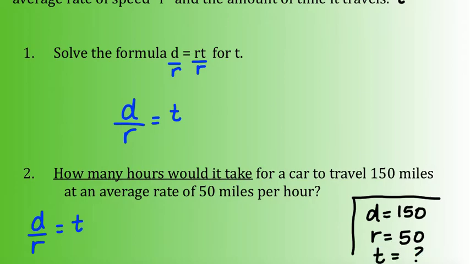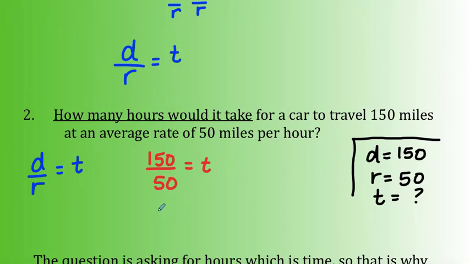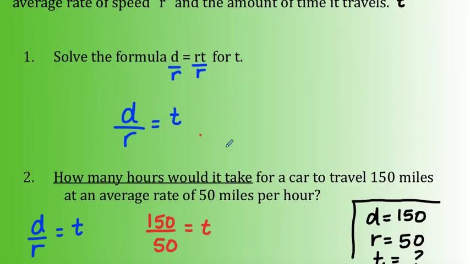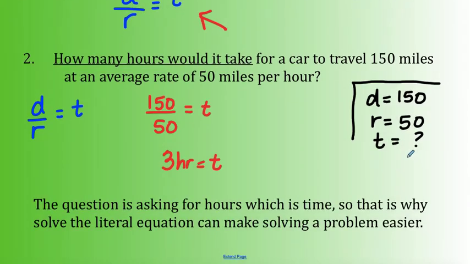I substitute each value in for its variable. So 150 divided by 50 equals t. To travel 150 miles at 50 miles per hour, it would take 3 hours. The question was asking for hours, which is our time. That is why solving the literal equation earlier and feeling comfortable with that made it an easier problem.